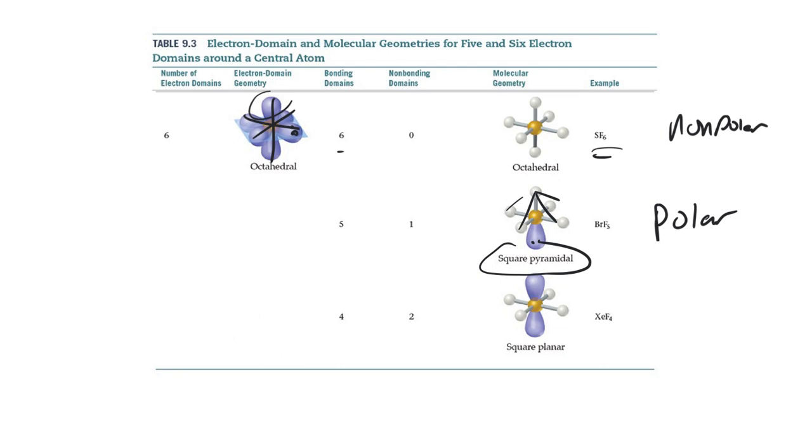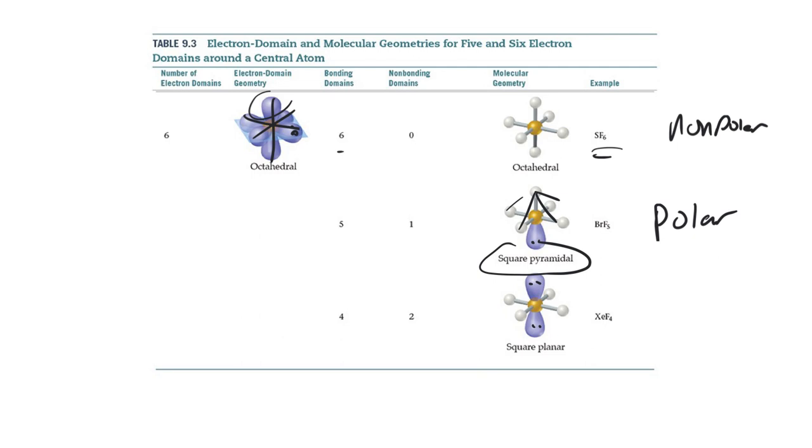SF6 kind of continues the trend. If you have the same atom in every spot of a base geometry, like, again, linear, trigonal planar, tetrahedral, trigonal bipyramidal, or octahedral, that molecule would have to be nonpolar. And then lastly, if you have 2 electron pairs, I don't think we want to have 2 electron pairs 90 degrees, right? We would want the electron pairs to be 180 relative to each other.